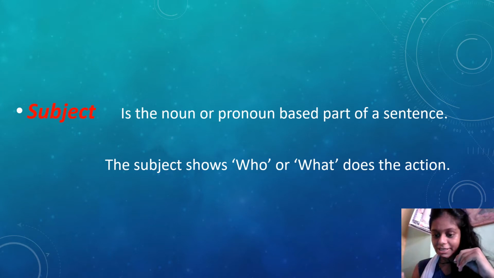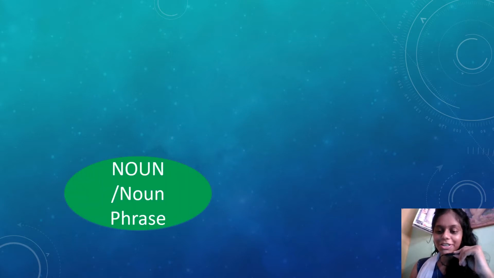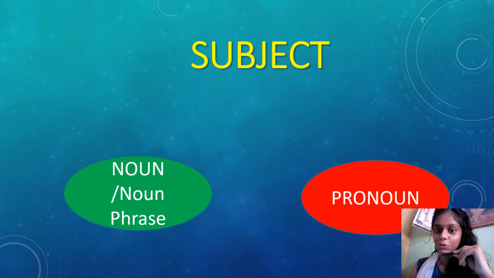Which noun is there, that is the subject. So what is the subject of a sentence? A small trick I have given over here: noun or pronoun. Subject is always a noun or pronoun.